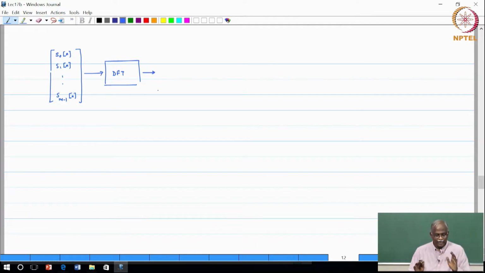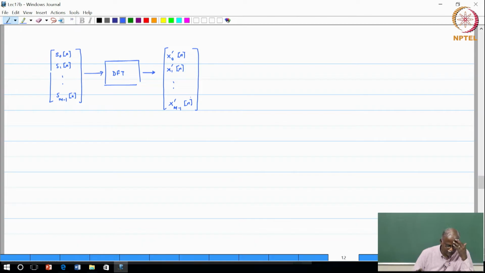I am not calling it time or frequency, I am looking at it as a transfer function, and this produces for us x naught prime of n, x1 prime of n, and all the way to xm minus 1 prime of n. Think of it just strictly as a transform, and what the transfer functions between these corresponding filters are is as follows.